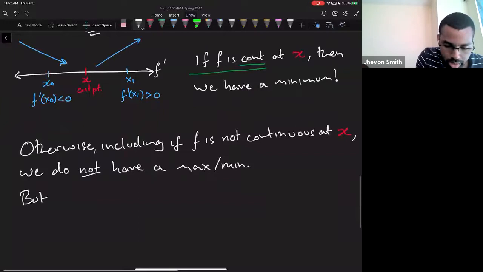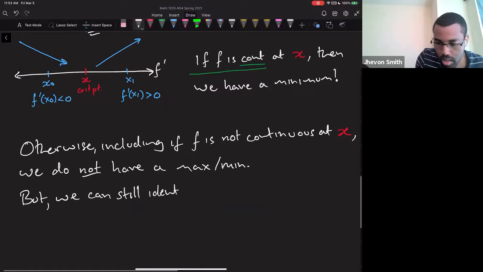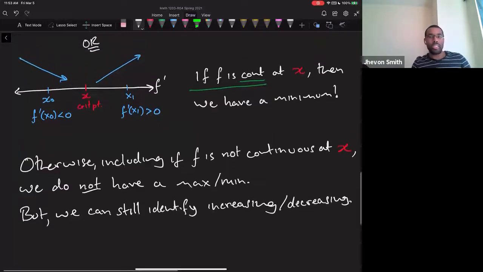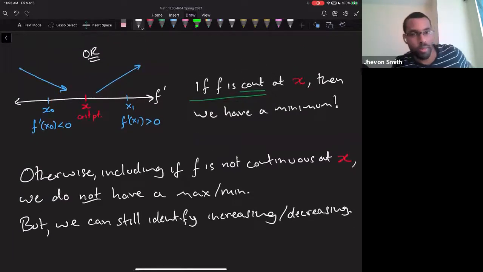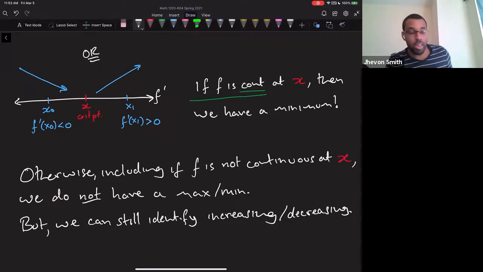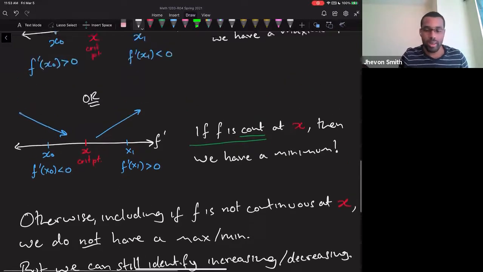But we can still identify increasing and decreasing. Right? You'll always at minimum get increasing, decreasing data from doing the first derivative test. As for whether or not there are maximums or minimums, it's possible that your function doesn't have one of them. And so you wouldn't actually find them here.